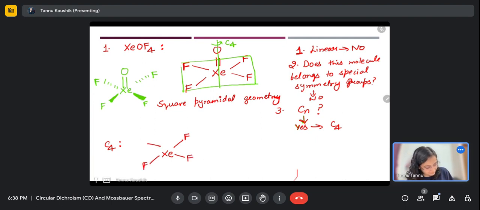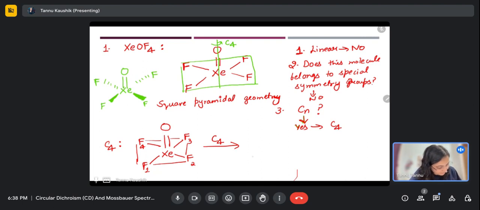Let me represent this C4 axis. If I label these fluorine atoms one, two, three, four, and I apply this fourfold axis of rotation operation on this molecule, then we will get this configuration. We will be rotating it at a 90-degree angle.